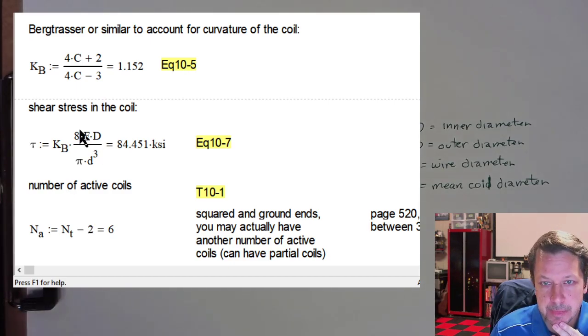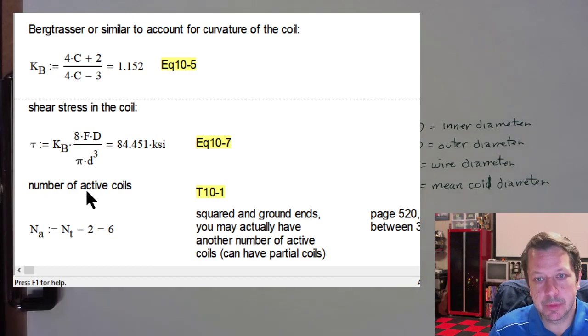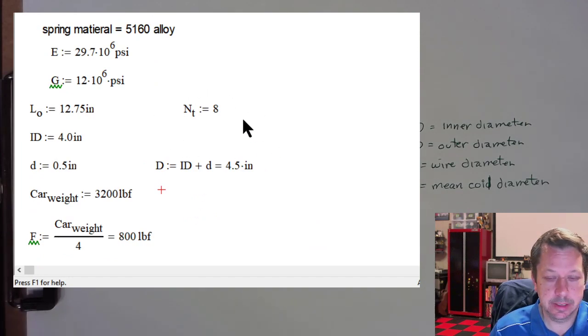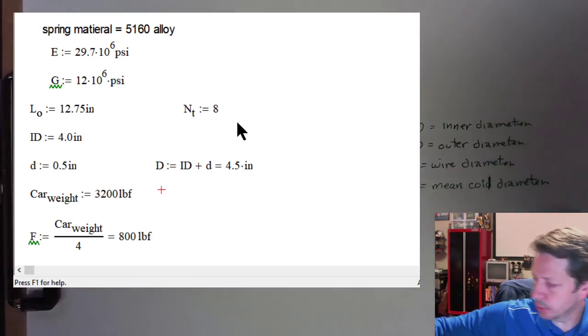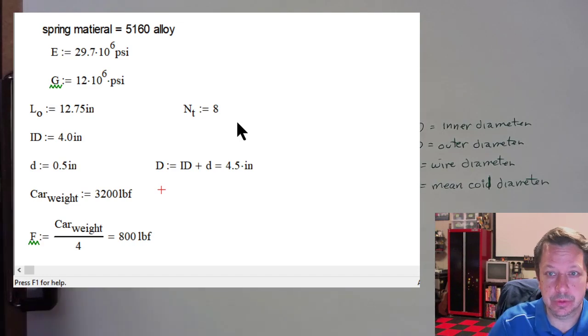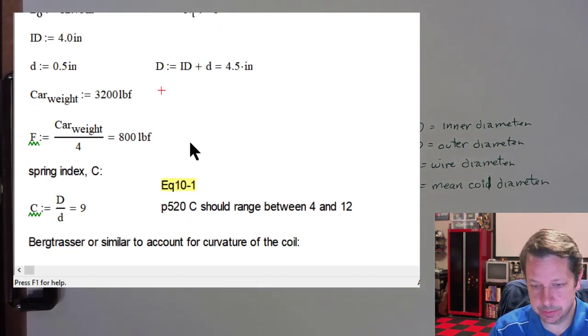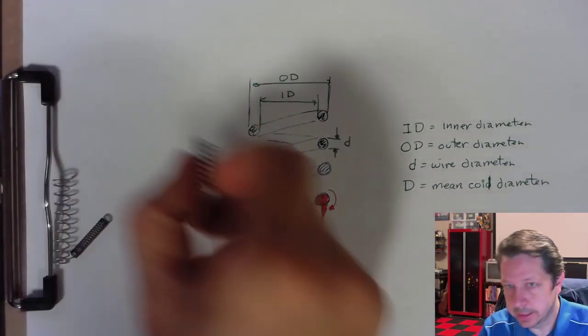Okay, so we've got a stress calculation here. We want to know the number of active coils. So early on, we had counted that there were 8 total coils. So N sub T is total coils. And that the end conditions were the ones that looked like this.